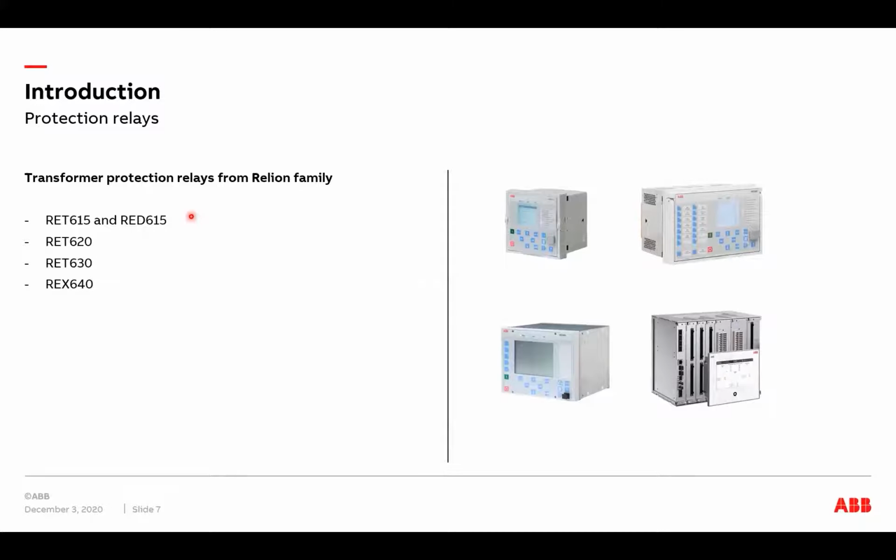So the 615 series and 620 have fewer protection functions related to transformer protection, where RET 630 and 640 have more protection functions available. And one other thing I would like to point out here is that in REX 640, we can also protect the 3-winding power transformers.